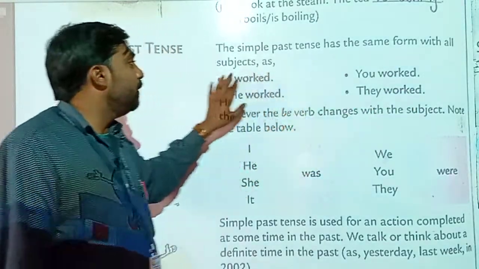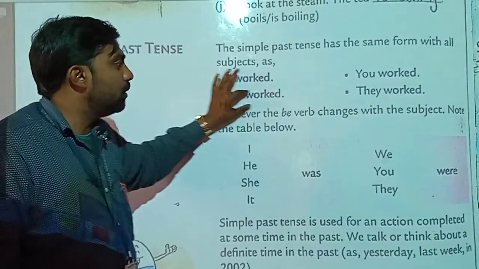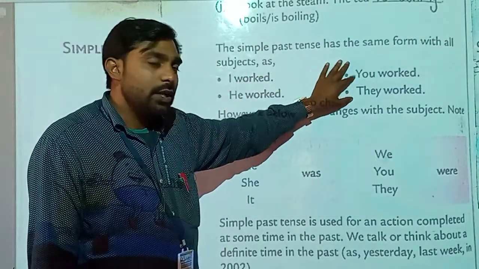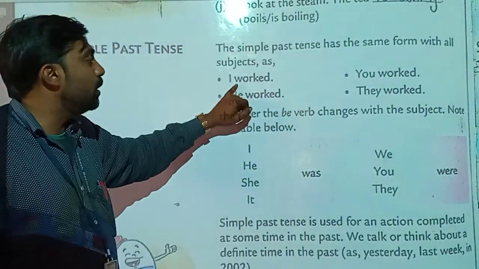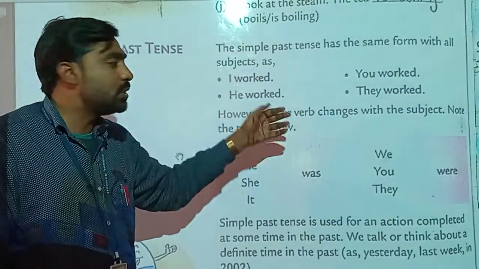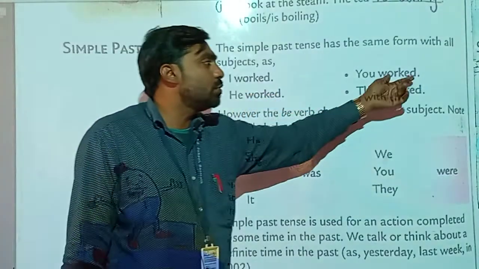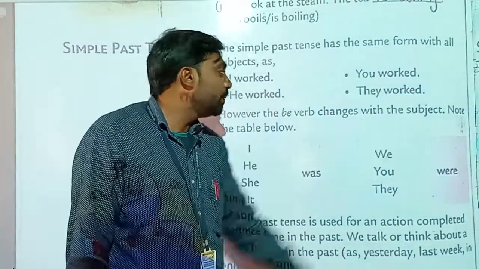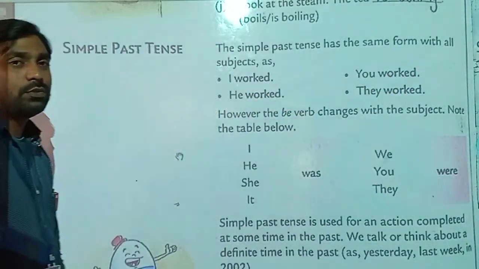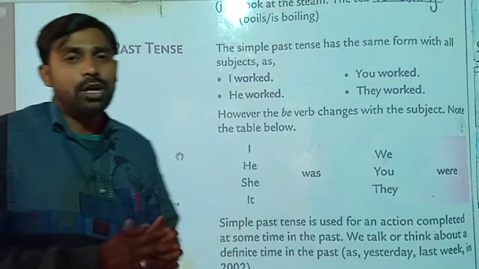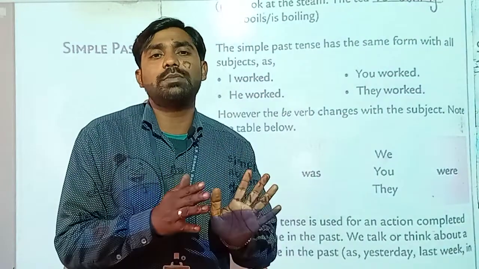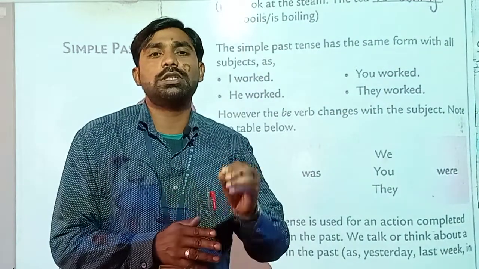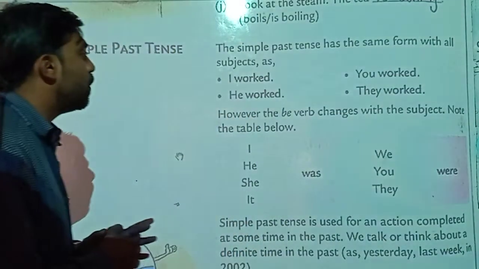Everywhere, with I, with he, with you and with they, these are different subjects, but with all we are using only worked. It means this verb's same form is used here. Understood? In simple past tense we should use the verb's second form, the past form, and with all subjects we can use the same past form of the verb.